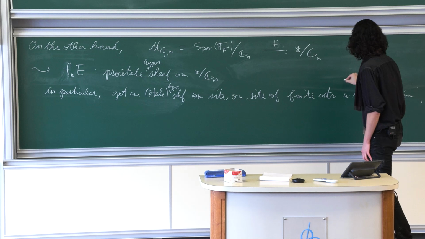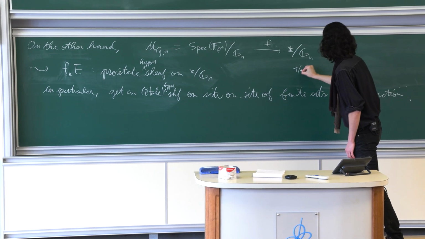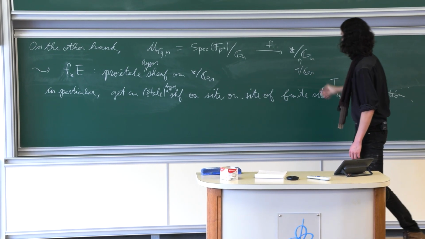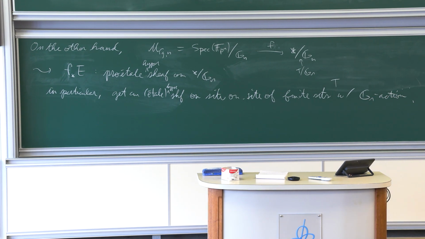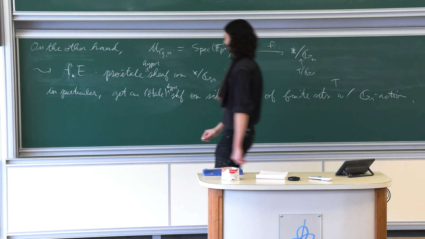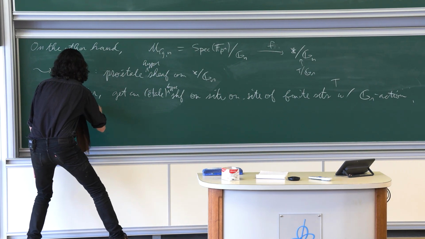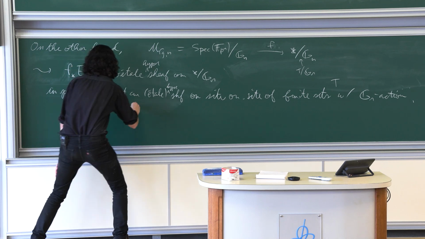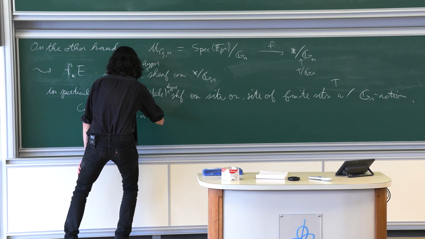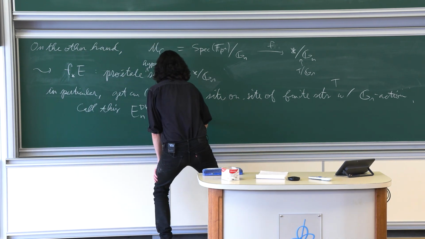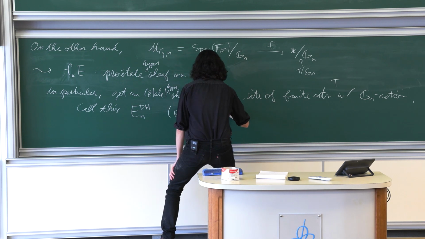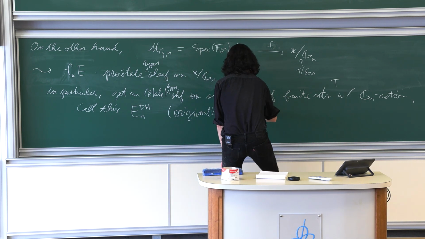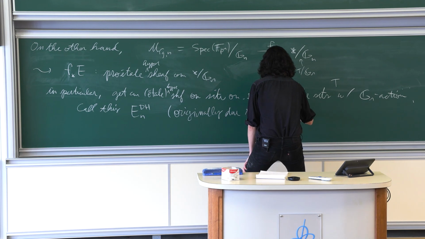If you have a finite set T with a G_n action, then you can form T mod G_n, and restrict your sheaf to objects of this form. I'll call this E_nDH. It was originally produced by Devinatz-Hopkins, not by this method, but it's the same object.